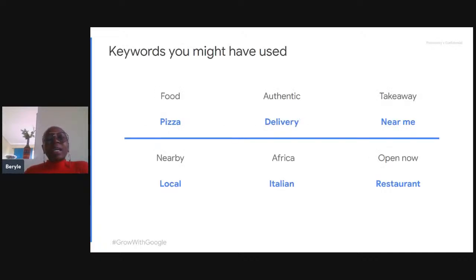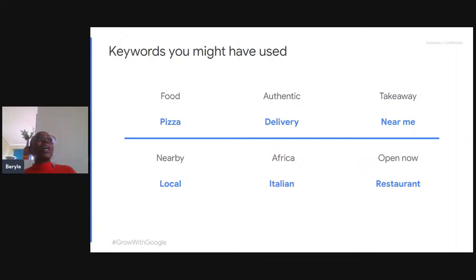So getting into that, that will lead us to what keywords are. Keywords are the search queries that your clients, or rather your target audience, use on the search engine to either get to your business or to search for products or services that they're interested in. So for the instance that I was talking about in regards to pizza, let's say I'm based along Thika Road, and I want to get pizza delivered to my place, and I'm not sure if there are any pizza shops near me.